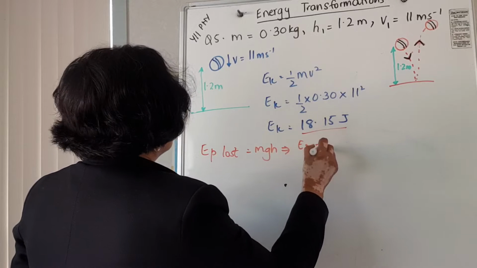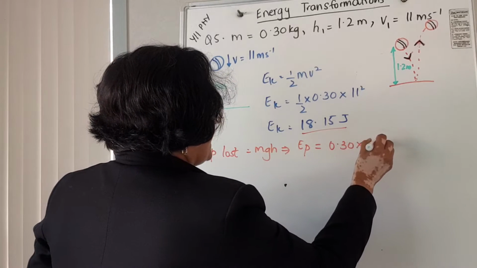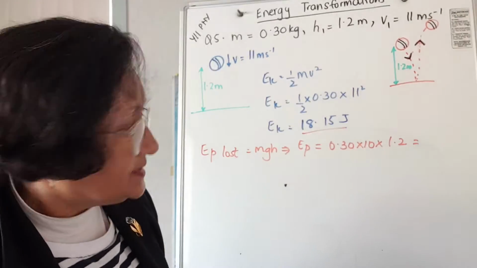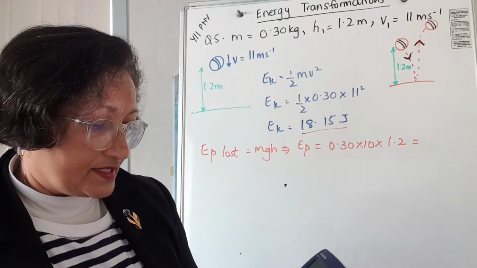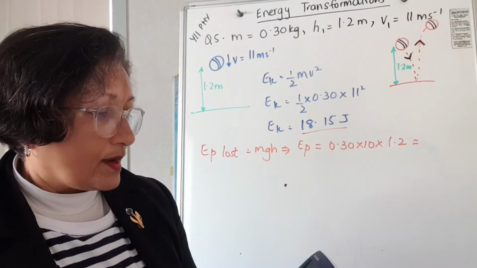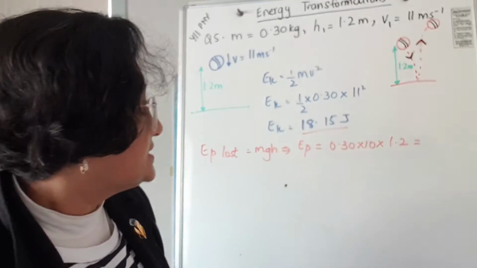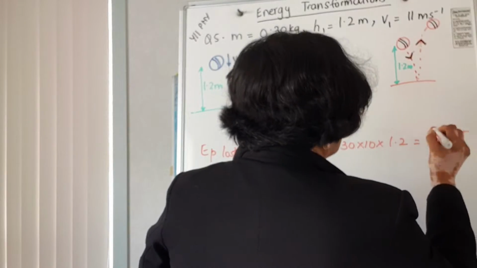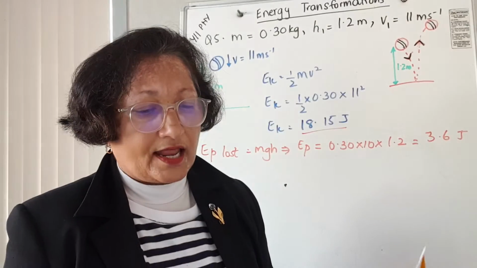The mass is the same, g is 10, and the height is 1.2 meters. So you just go 0.30 times 10 times 1.2 and you get 3.6 joules. So it loses 3.6 joules of gravitational potential energy.